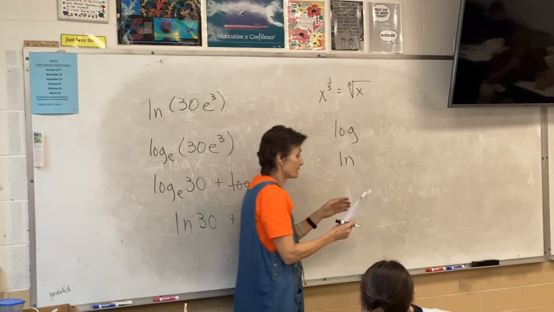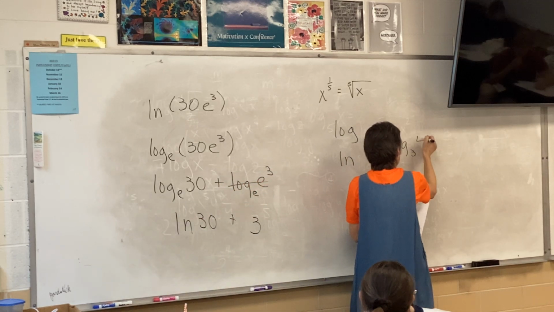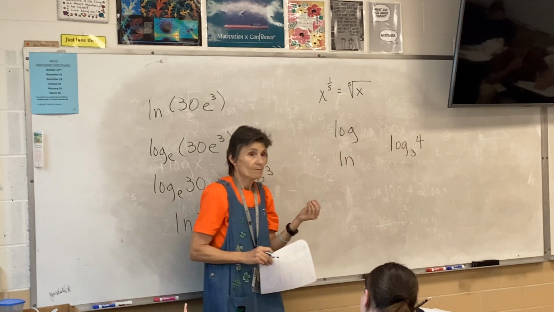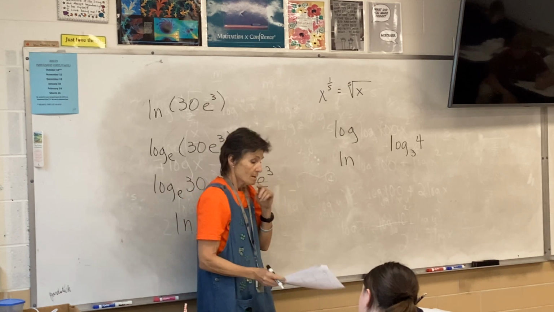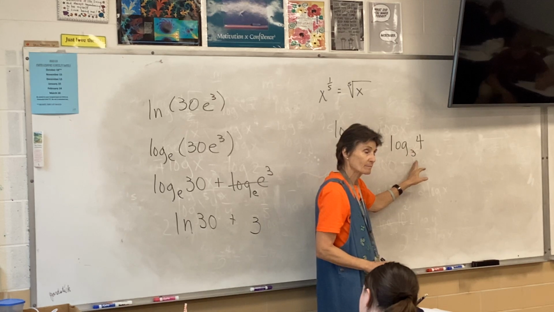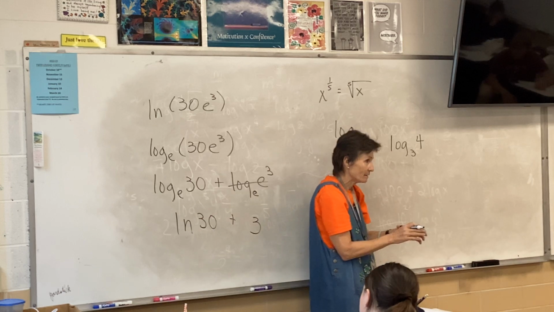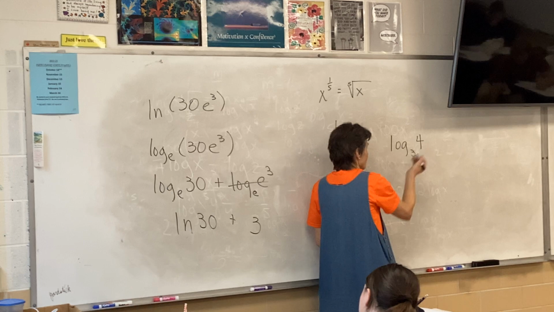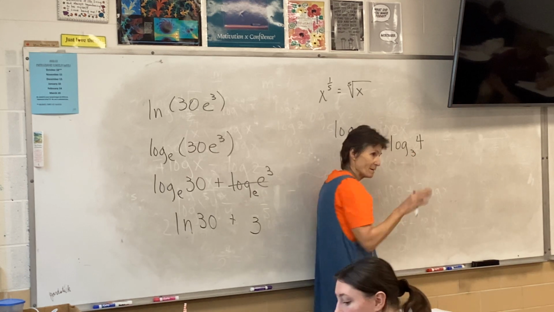So sometimes we're confronted, as we are in the very next problem, with a different base than we have on our calculator. Your calculator does not have a base 3 button. It has a base 10 button and it has a base e button. So when we have some other base, we need to convert this to either base 10 or base e.